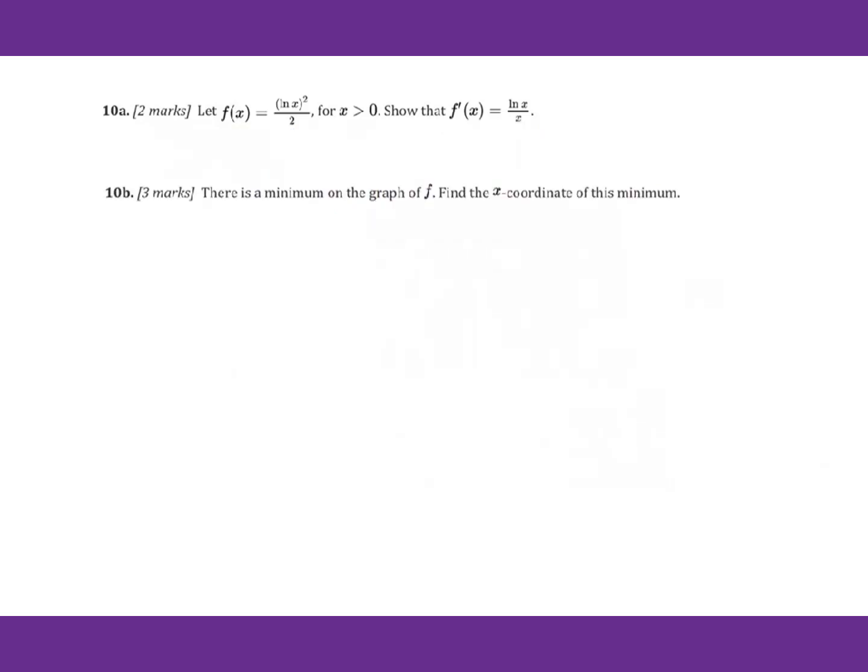Now let's go to 10b. There is a minimum on the graph of f. Find the x-coordinate of this minimum. When you talk about minimum or maximum, that means the first derivative equals 0, which means I will set up natural log of x over x equals 0.